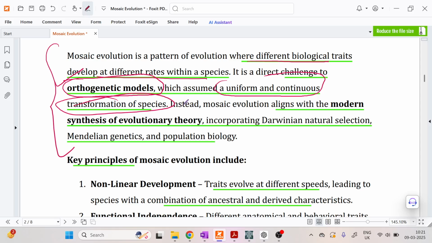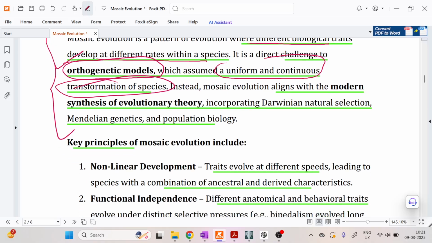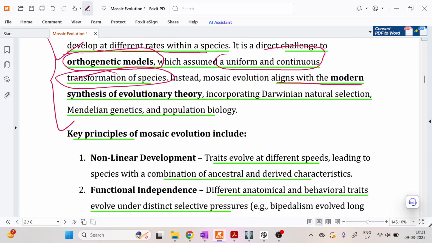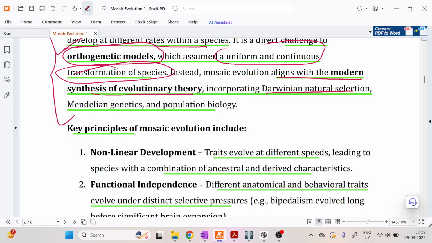So they believed that species in earlier times transformed themselves from one phase to another, and all of their biological and anatomical characteristics also evolved in the same manner. However, mosaic evolution aligns with the modern synthesis of evolutionary theory, the modern theory, which incorporates Darwinian natural selection, Mendelian genetics, and population biology.